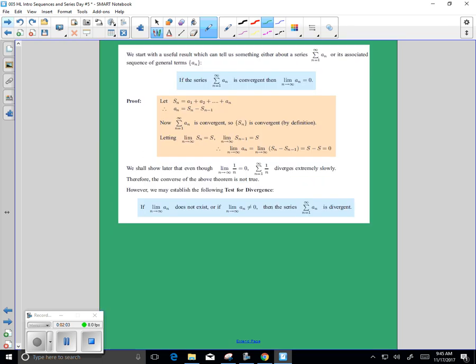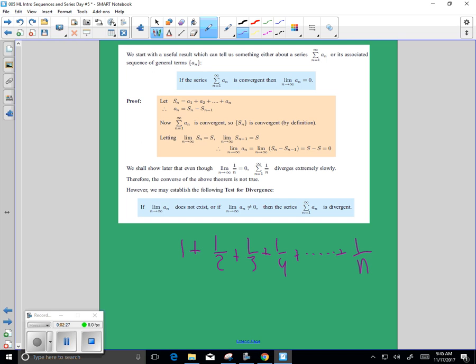The most important thing you need to know about a series is, let's take the classic: 1 plus 1 over 2 plus 1 over 3 plus 1 over 4 plus and so on, 1 over n. This is not arithmetic. We're not adding the same. It's not geometric.